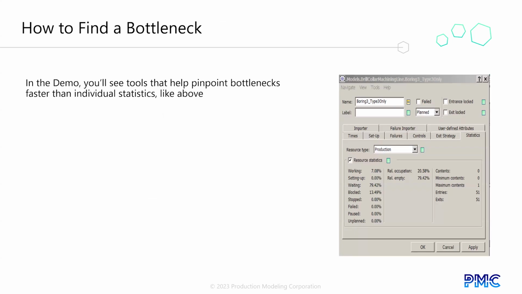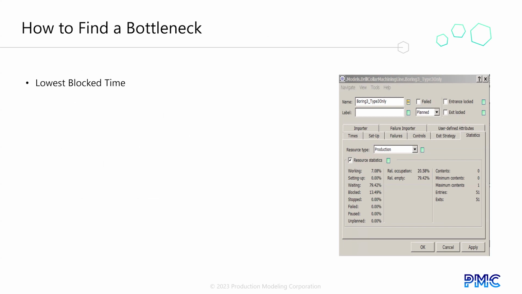So how do we find a bottleneck? You look at the simulation output statistics like percent working and percent blocked, and look for clues. You could look at the detailed statistic reports of individual stations as above. In the demo, you'll see other PlantSim tools that help pinpoint bottlenecks faster. One clue of a bottleneck is a station with the lowest block time.